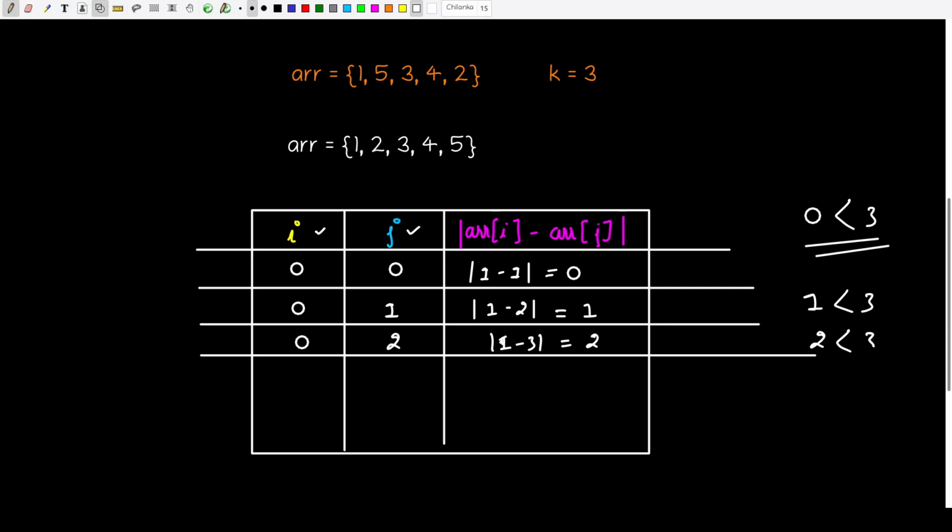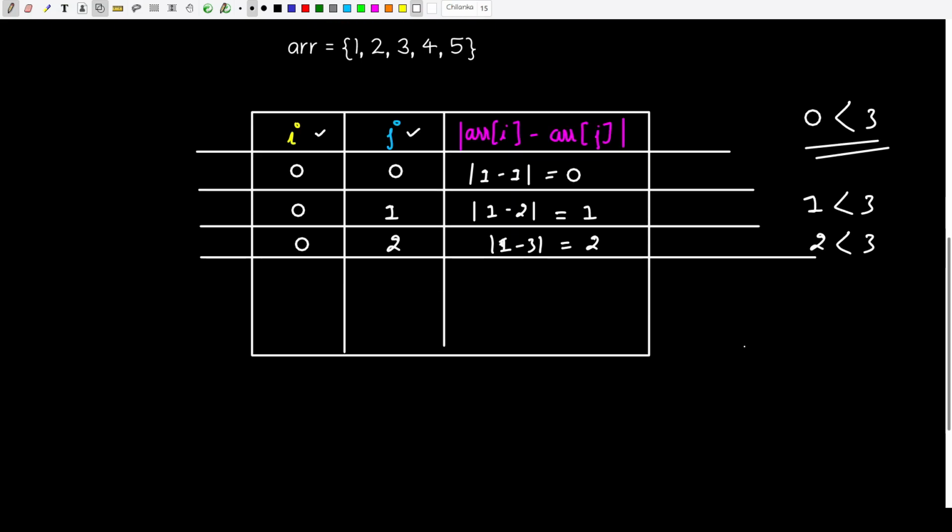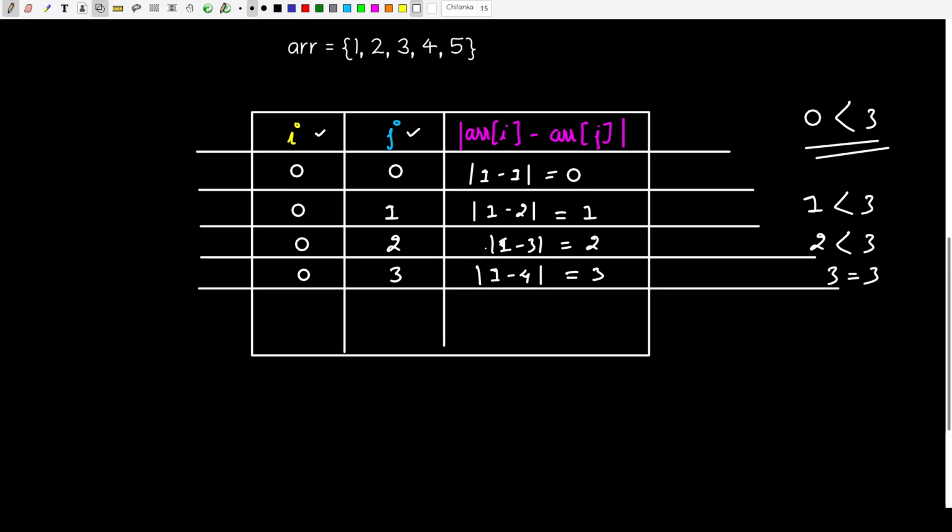Again, 2 is less than 3, so we increase j. j becomes 3 and this time the difference is 1 minus 4, which is equal to 3. As you can see, this is my first pair, so there will be an answer variable and we are going to increase that answer variable to 1.